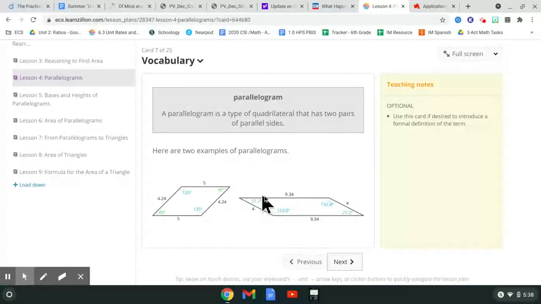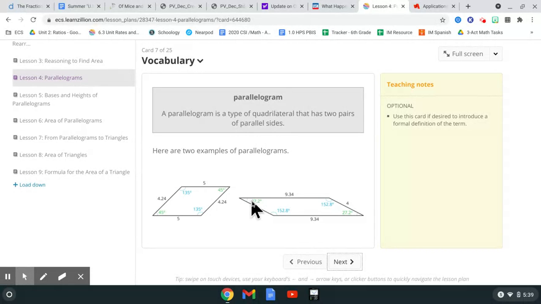Again, on this figure, the top side and the bottom side are parallel, and this side and this side are parallel. You will also notice that the 2 parallel sides are the same length. So this top and bottom are both 5, and the sides are both 4.24.